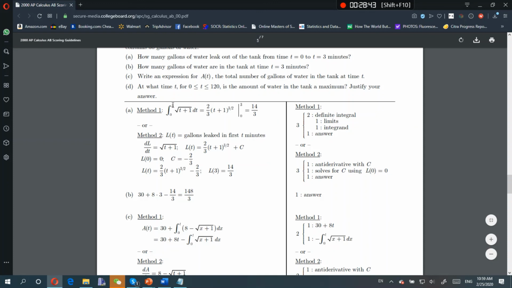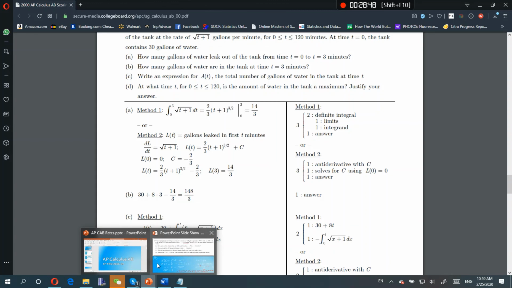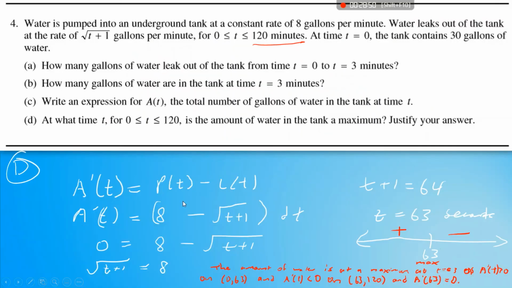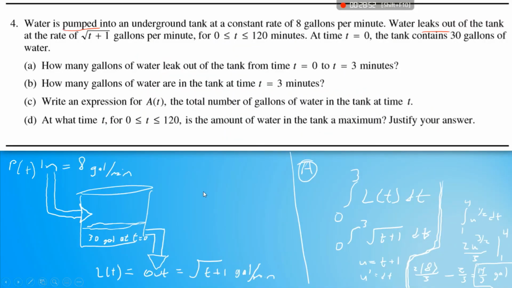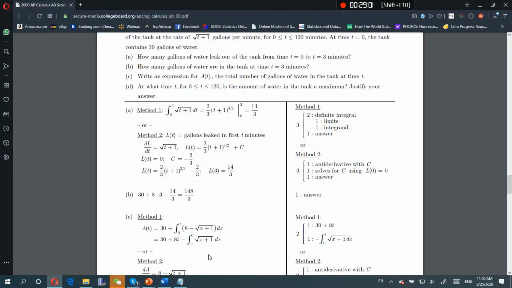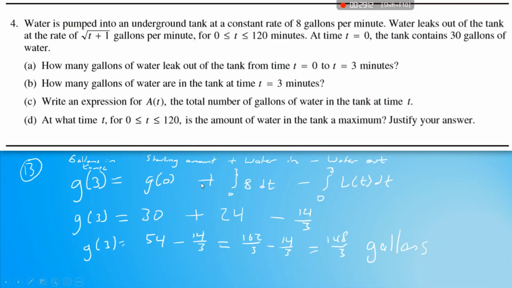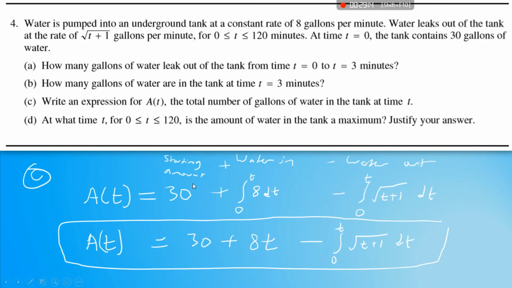So from 0 to 3, integrate root t plus 1 for part A, and then get 14/3. We integrated 0 to 3 of, okay, that's right, so that's 2 points for the integral and limits, and then 1 point for 14/3. Okay, so that looks good. So that's 3 points for part A, and then part B, 1 point for answer of 148/3. 148/3, okay, we're good for that.